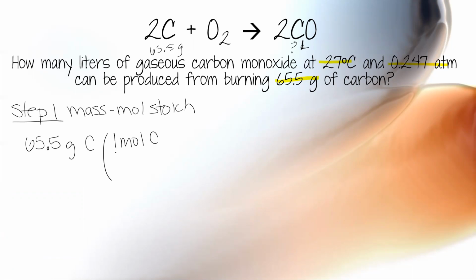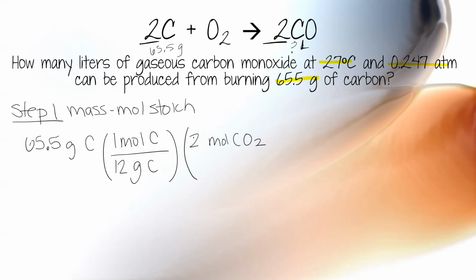The molar mass of carbon on the bottom, which is about 12. Step 1, or part 1 of this, I guess. And then we're going to multiply by the mole ratio, my unknown coefficient over my known. So 65.5 times 1 divided by 12 times 2 divided by 2.